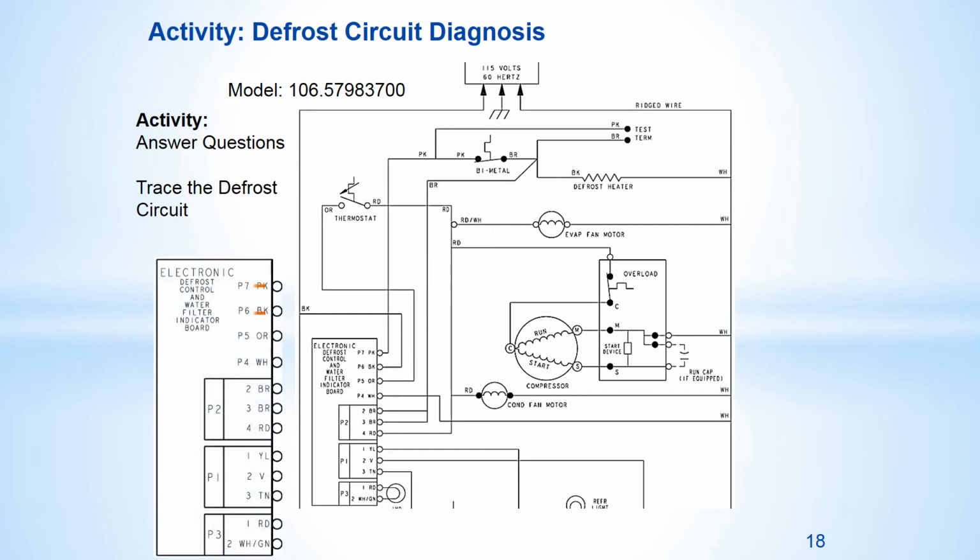It is helpful to know that the ADC board uses a relay between P6 and P7 to complete the circuit when initiating a defrost cycle.